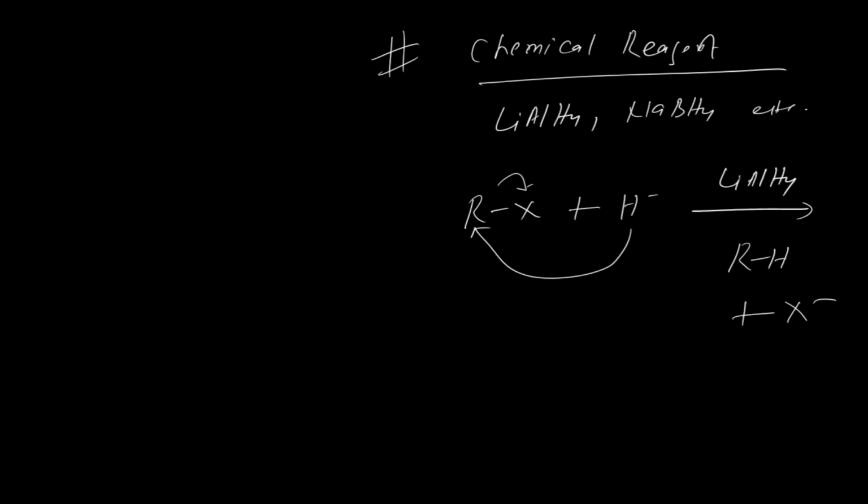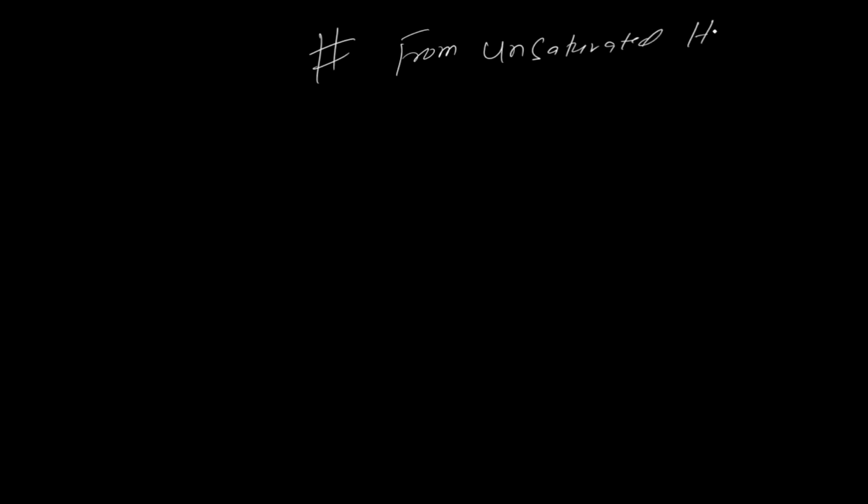Now we move towards the next one. We can also get it from unsaturated hydrocarbon. What is the meaning of unsaturated hydrocarbon? Unsaturated hydrocarbon means having a double bond or a triple bond.